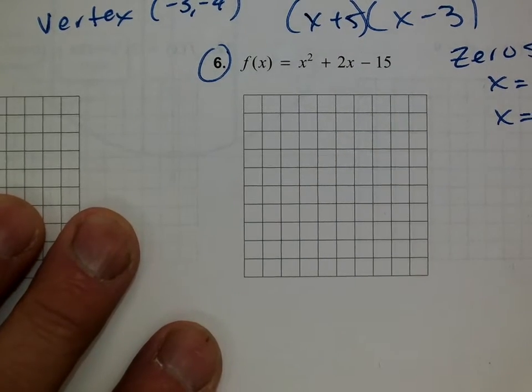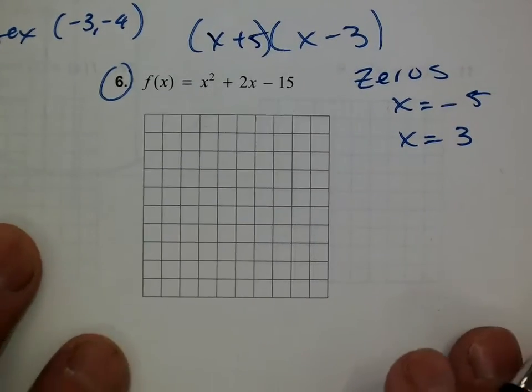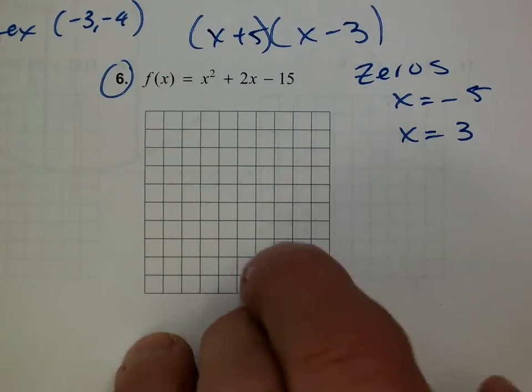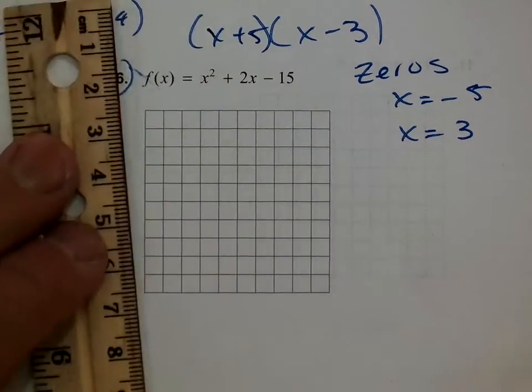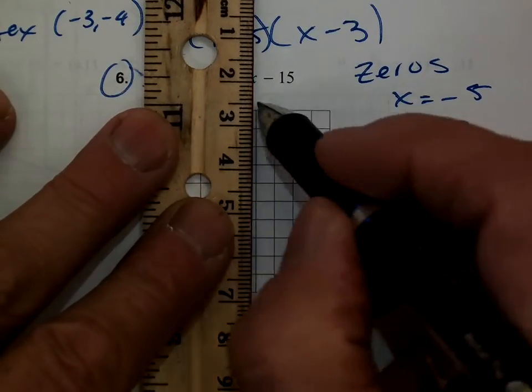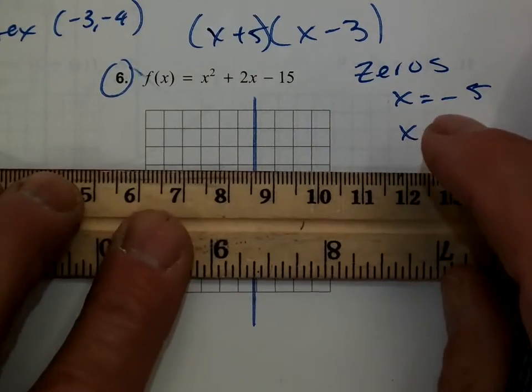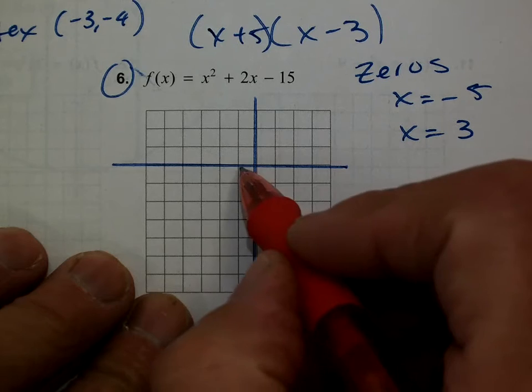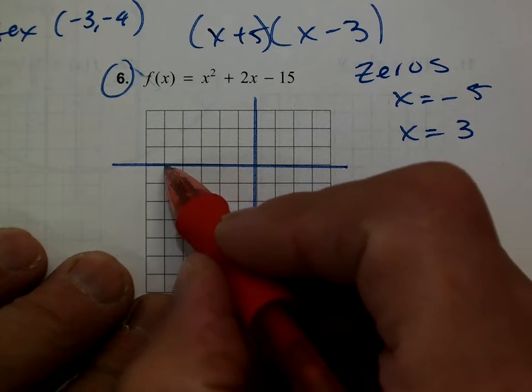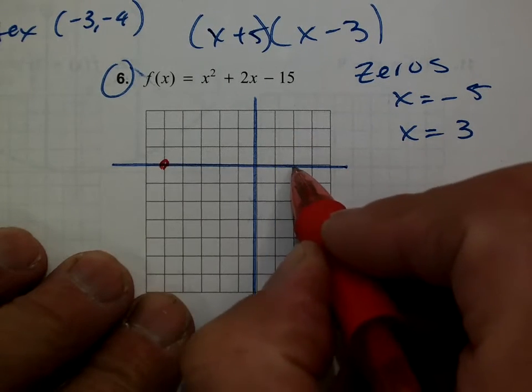Let me put those on the graph. Grab a ruler. -5, 3, so maybe right about there. I'll put one point at 5 and one at 3.